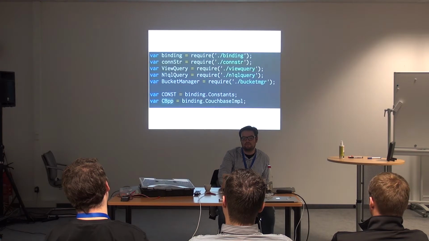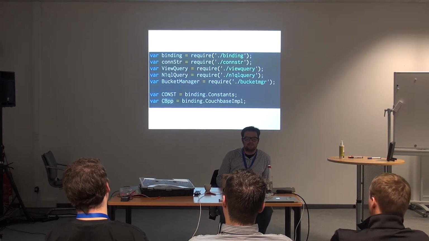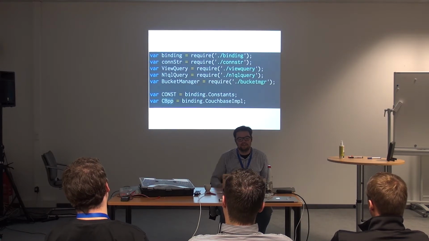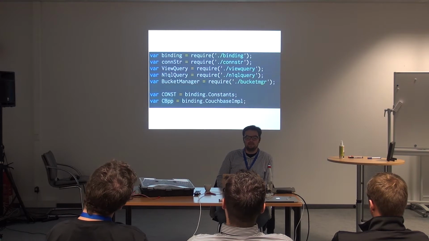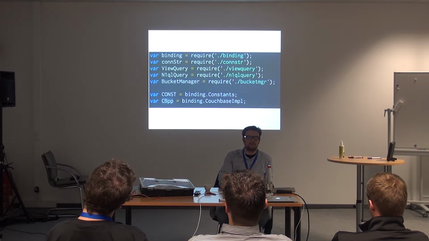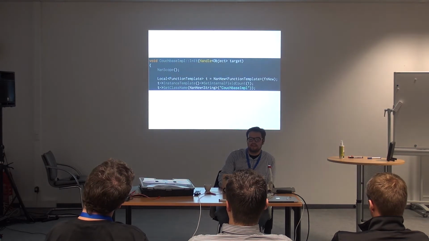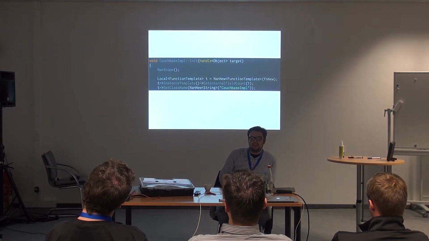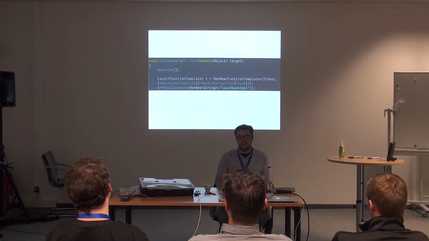But where did it come from? Looking at the top of the file, there's this binding thing required, and this binding contains Couchbase impl, and this is where our Couchbase PP comes from. Looking at the Couchbase impl, this is where we are actually in C land now.